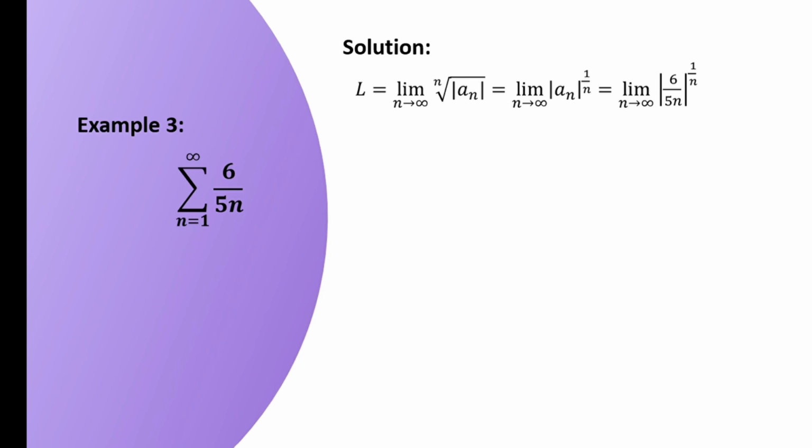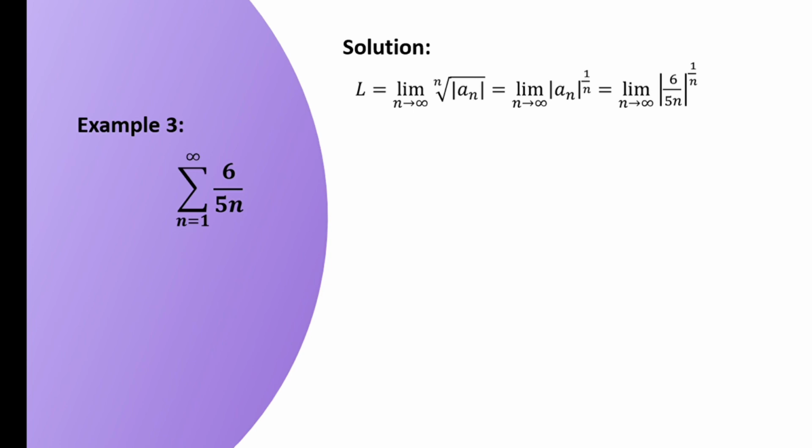Next step, we substitute the value of a sub n, which is 6 over 5n, into our formula. So our L now is the limit of the absolute value of 6 over 5n raised to the power of 1 over n as n approaches infinity.